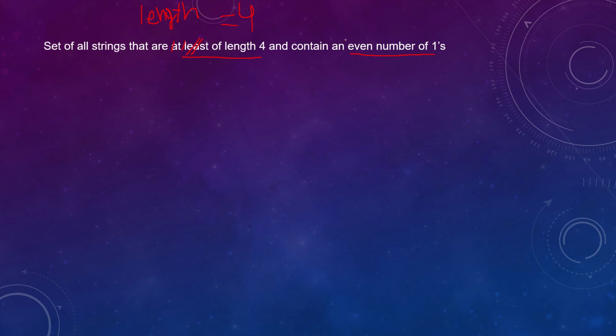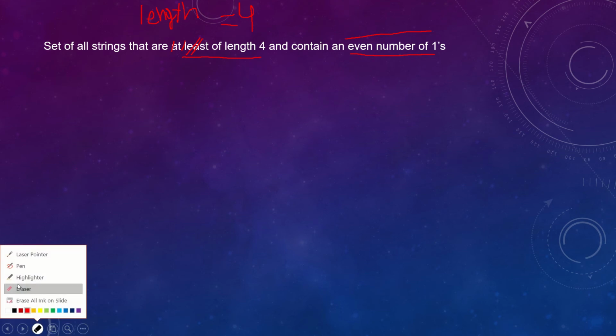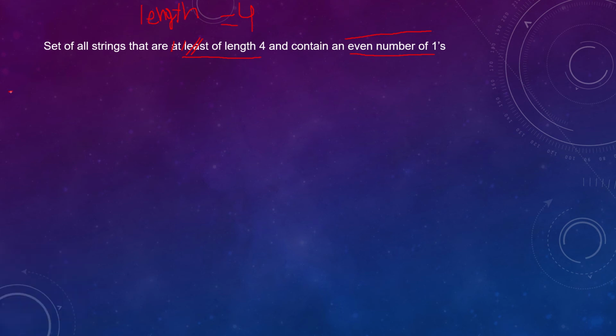And as it said even number of 1, that means there are two parts. The strings can have an odd number of 1 and also an even number of 1, right? So let's divide our DFA into two parts. This upper part will have an even number of 1 and this lower part will have an odd number of 1.